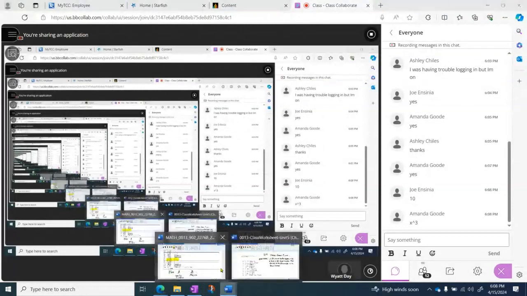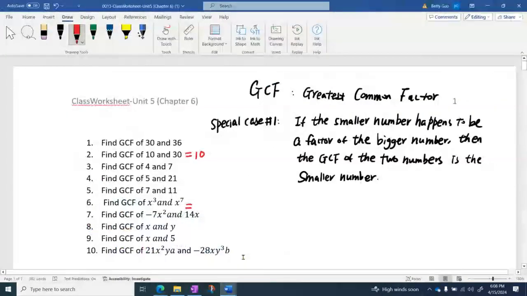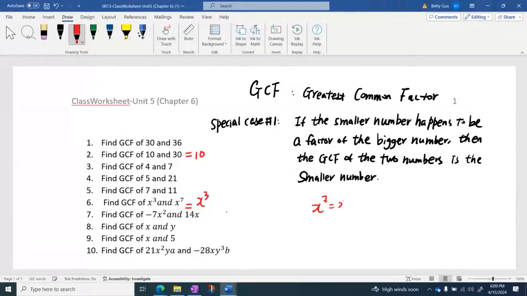Exactly, x cubed. Thank you, Amanda. Because x cubed is a factor of x to the 7th, right? X to the power 7 is 1, 2, 3, 4, 5, 6, 7. And this makes an x cubed, and it is a factor of x to the power 7. And one more.